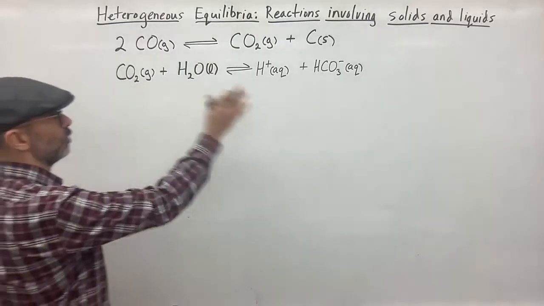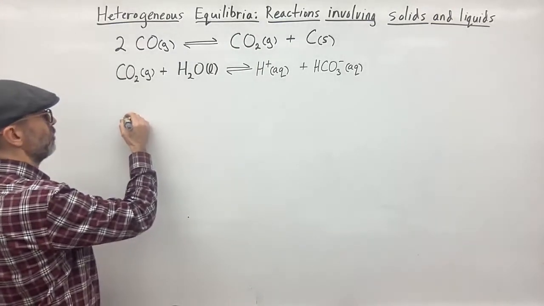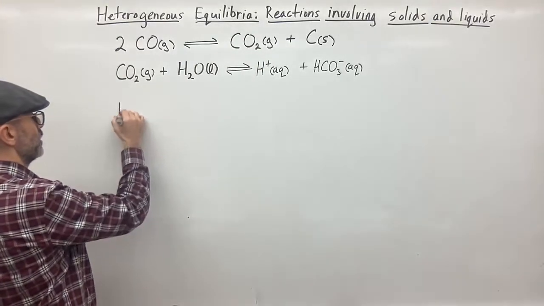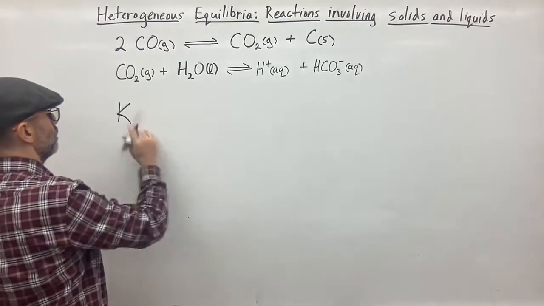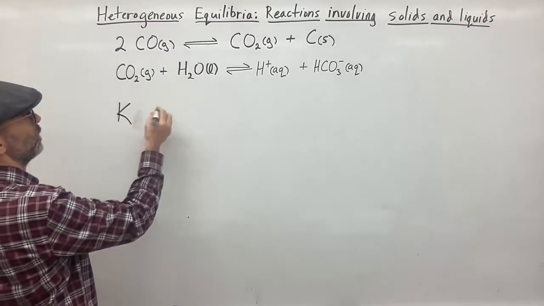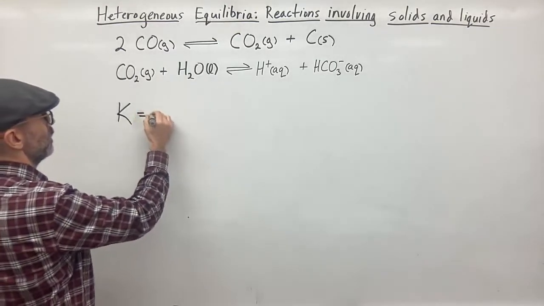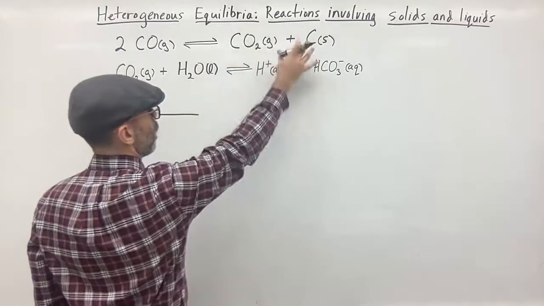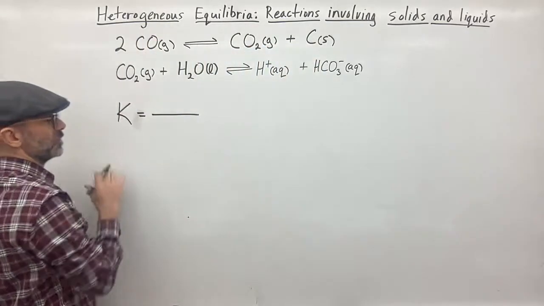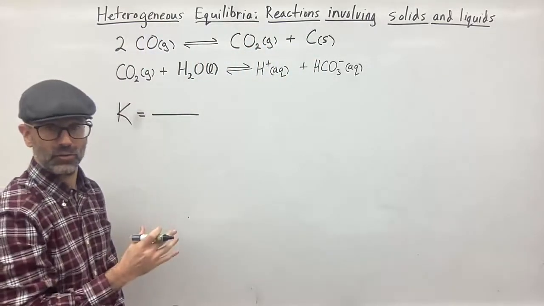If we were to follow what we said before in a previous video, we would write the expression as K. So your K value would be equal to the concentrations of your products over the concentrations of your reactants raised to their power.